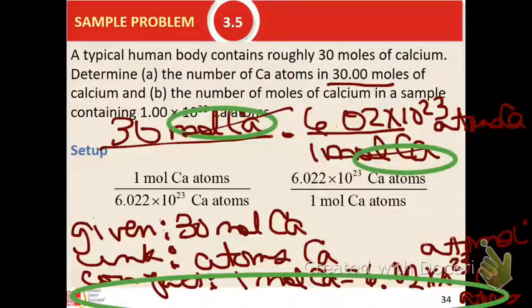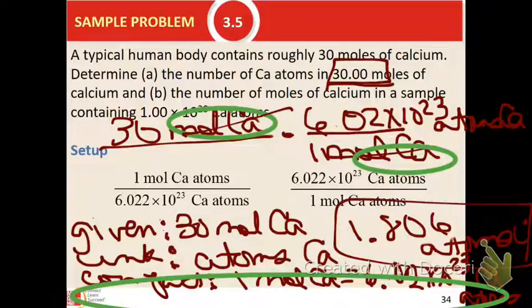Your given is what determines how many sig figs, and my given should have actually been 30.00 moles. So I can leave my 1.806 atoms of calcium in my answer.